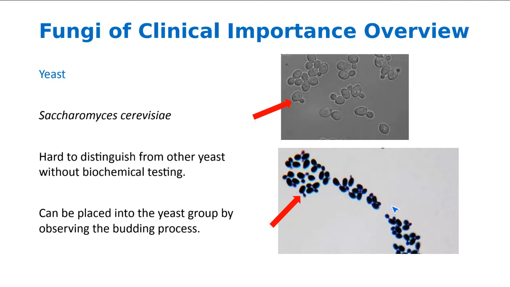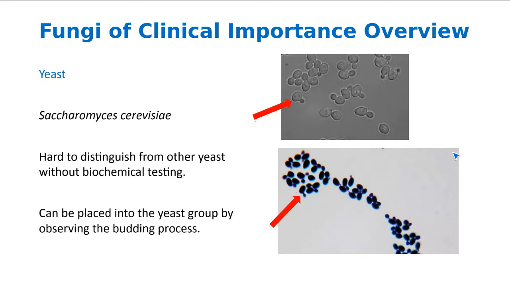Okay, you with me? So for Saccharomyces cerevisiae, I'm going to show you an example of this and I'm going to ask what kind of organism it is. And if you say yeast, it'll be correct. But if you get more technical and say it's Saccharomyces, it'll be correct also. Okay?